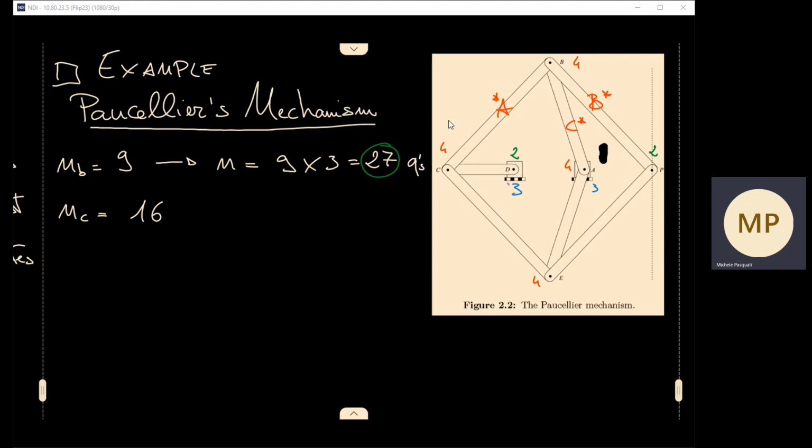Then we have 2 simple hinges. They amount to additional 4 equations. And then we have 2 fixed constraints amounting to 6. So 16 plus 4 plus 6, we have 26 constraint equations.